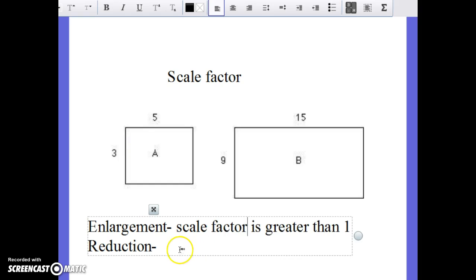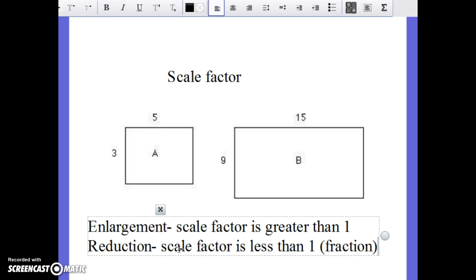The scale factor is less than 1, or to think about it, less than 1 or a fraction.